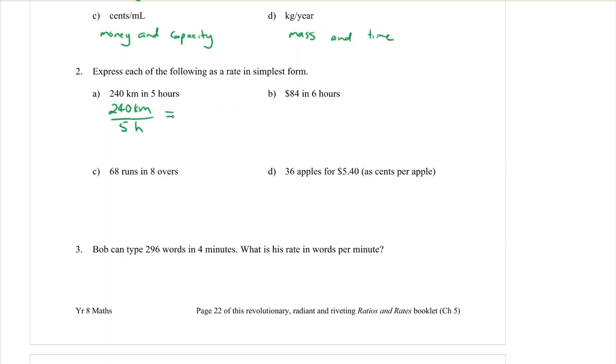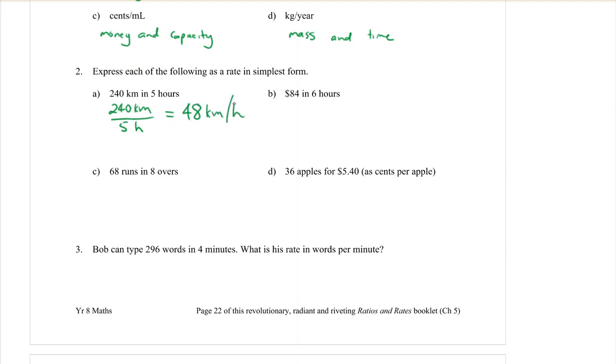So from there, you will now divide the numbers. So 240 divided by 5 is 48. And then to do the units, it's the top one per second one, kilometres per hour.